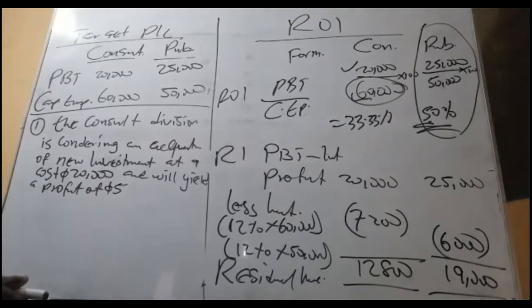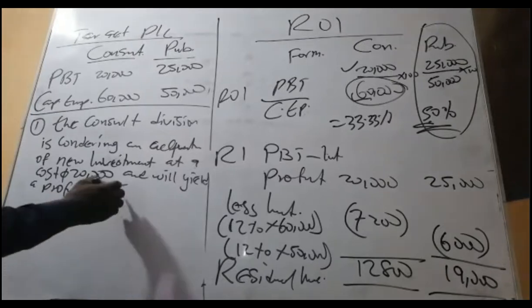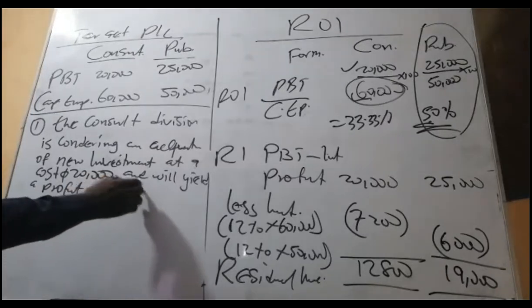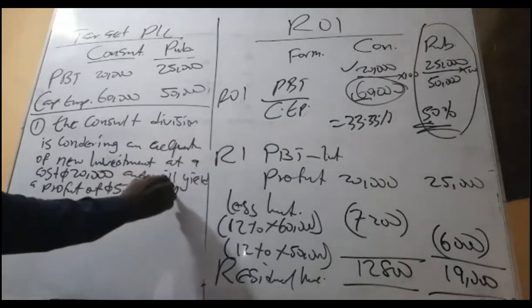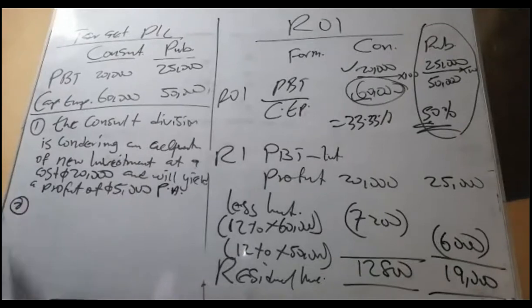Profit of what? 5,000 cedis per year. So a profit of 5,000 cedis per year. And full stop. Note 2.